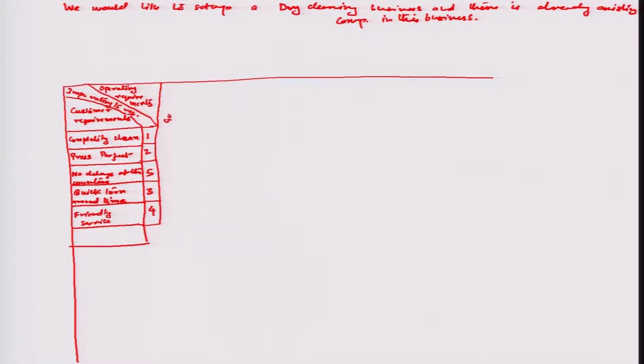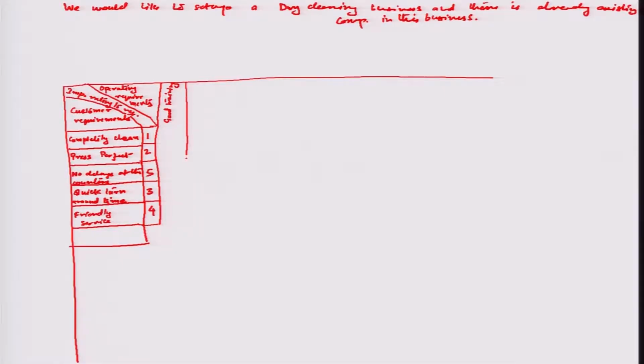If the people handling the job at the dry cleaner are quite well trained to do a proper pressing or a proper clean cloth, then that's going to be one of the most important components for meeting a lot of these customer requirements. So one operating requirement is good training.